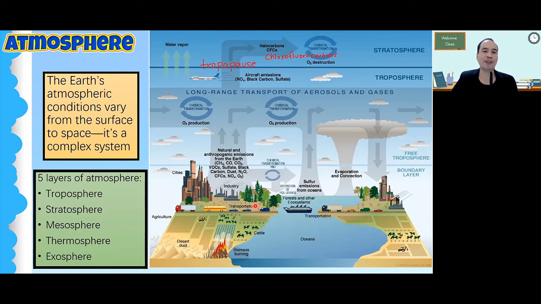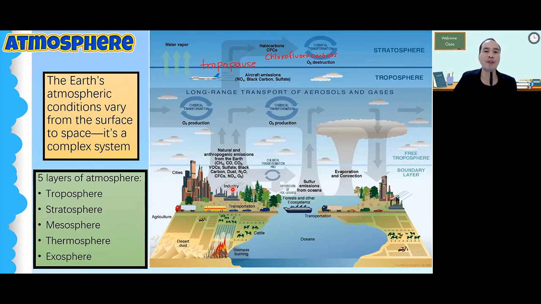Okay, very good. So there will be changes in the concentration of your gases. Your carbon dioxide, before, was less than 1%. As we build more factories, it can become 3%, or maybe increase to 5%.